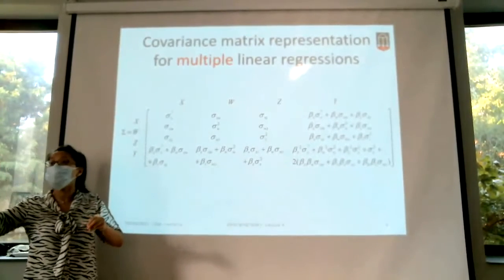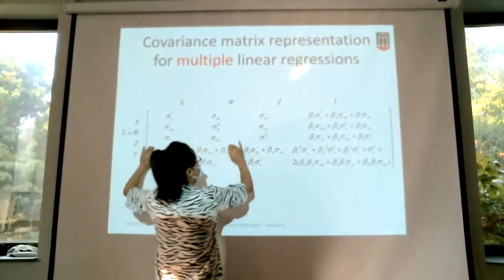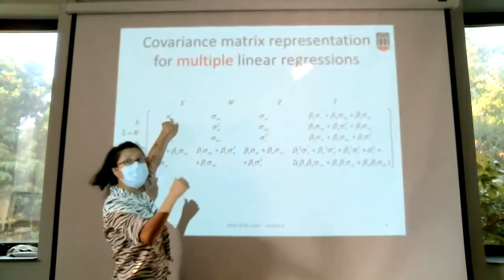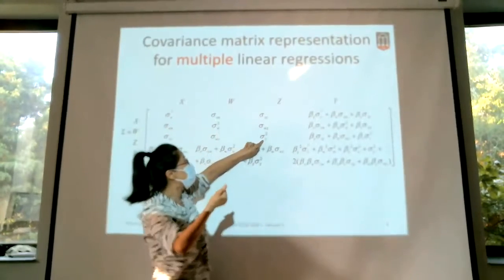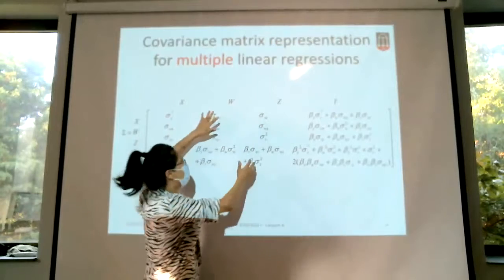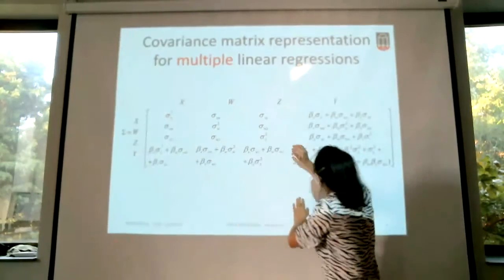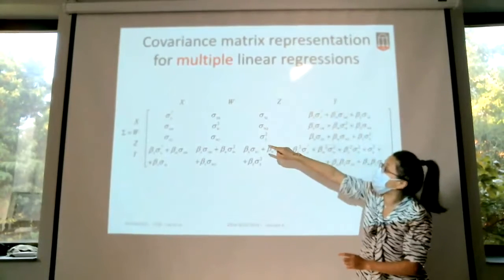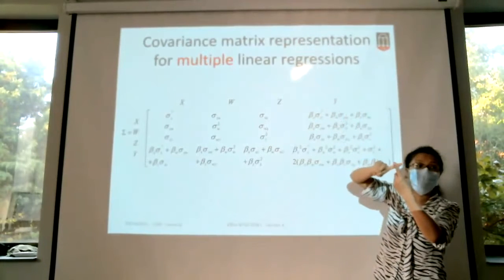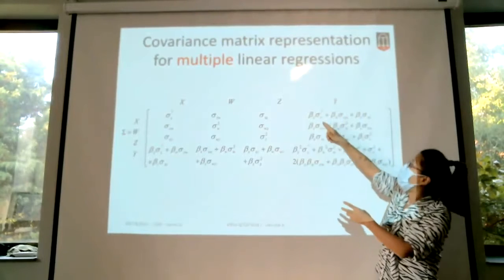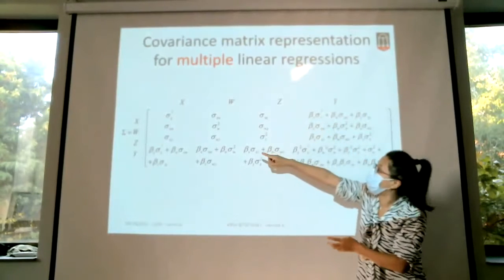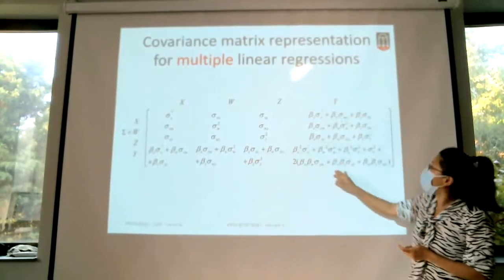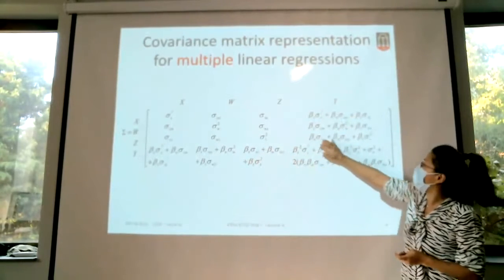We assume this part is known, because it comes from the independent variables: the variance of X, W, and Z, and the covariances among these three variables. Then we manually derived the covariance between X and Y, and similarly the covariance between W and Y, the covariance between Z and Y, and the variance of Y.